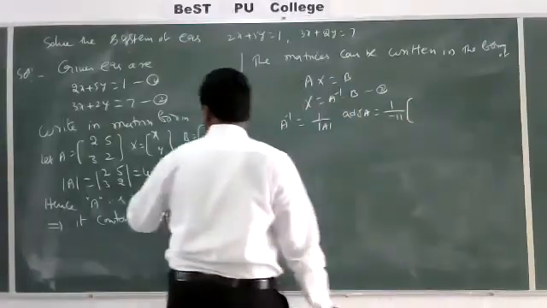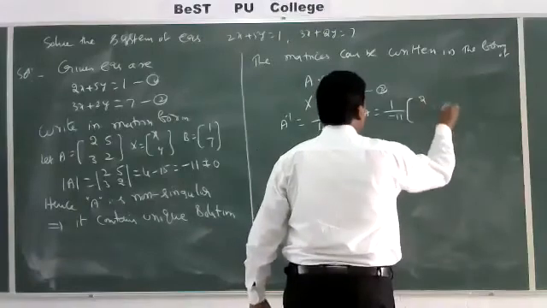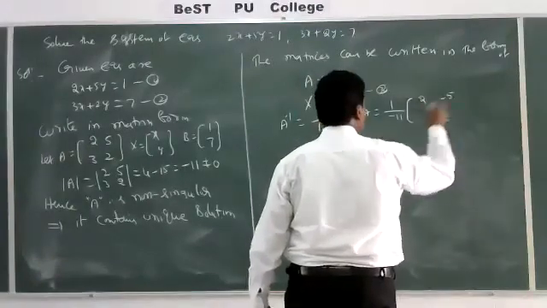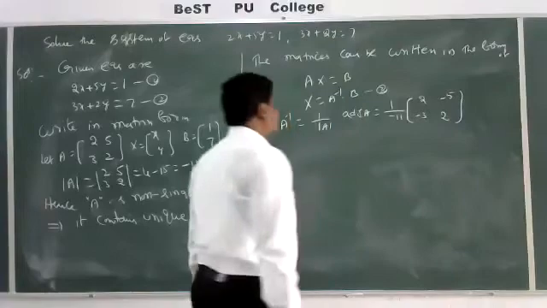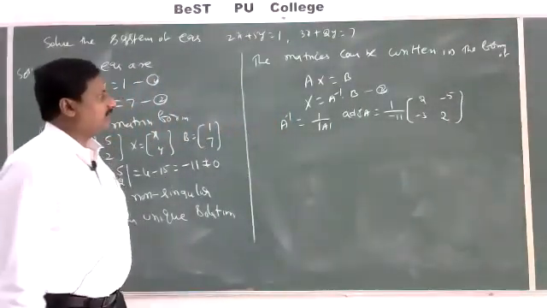Adjoint A for a 2 by 2 matrix, we can directly write: interchange the principal diagonal elements and change the sign for the remaining elements, minus 5, minus 3. A inverse equal to 1 by minus 11, 2 minus 5, minus 3, 2.